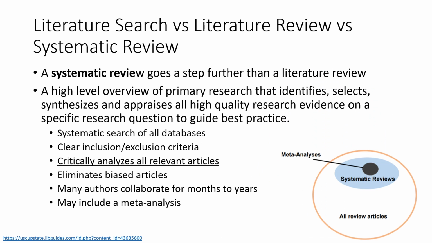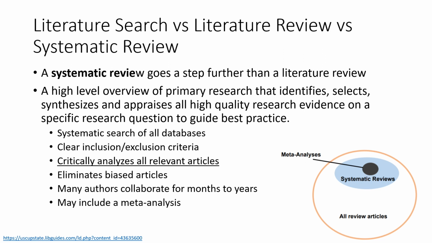So a systematic review takes it even a step further than a literature review. This is a high-level overview of the primary research and identifies, selects, synthesizes, and appraises all the high-quality research evidence on a specific research question, and the goal of this is to guide best practice. The authors involved in this work on it for months to years. They do a systematic search of all the databases.